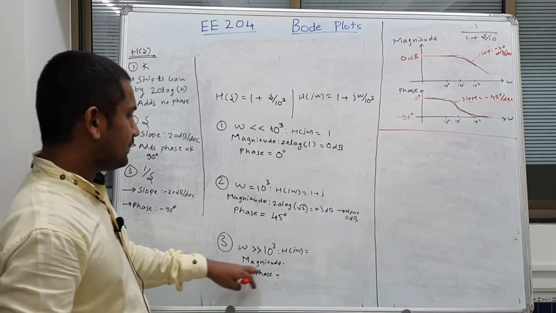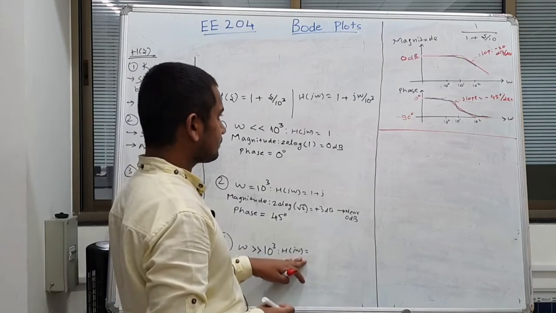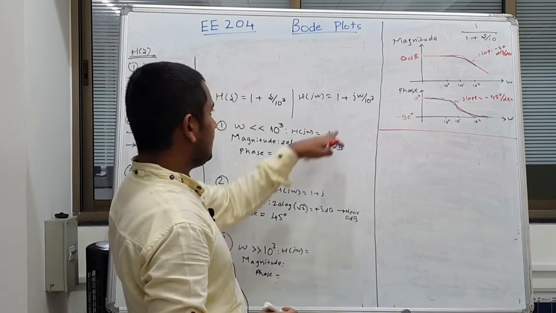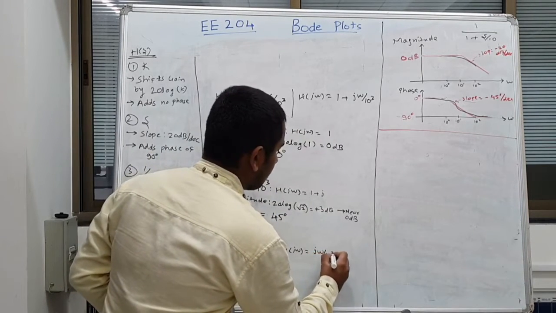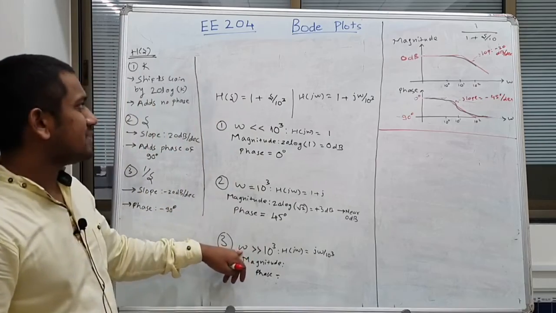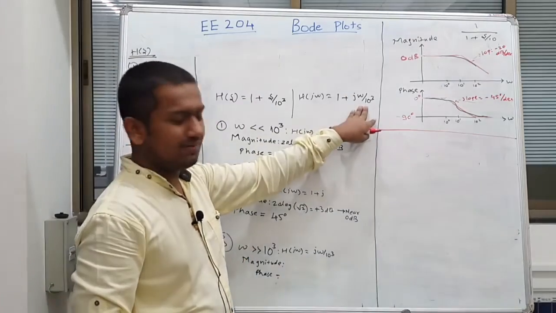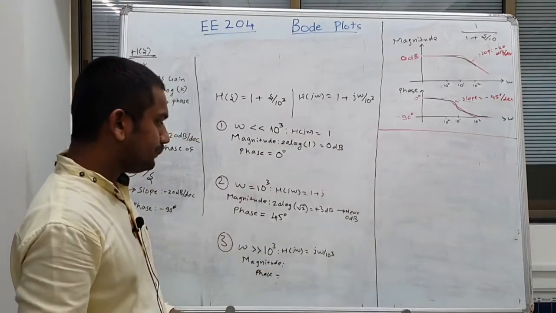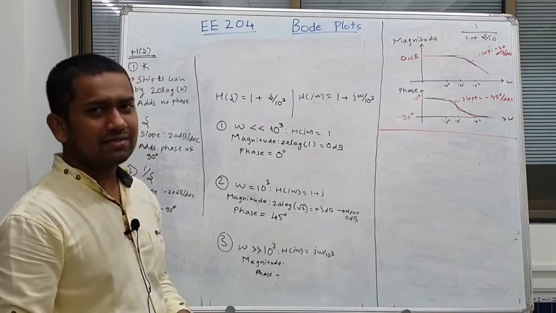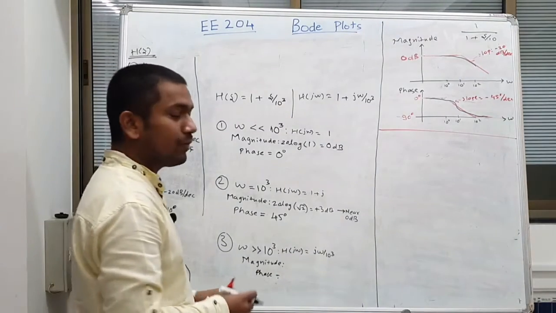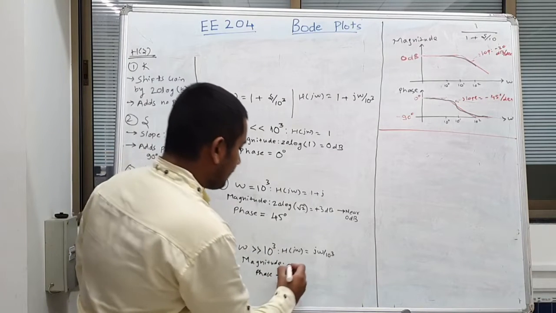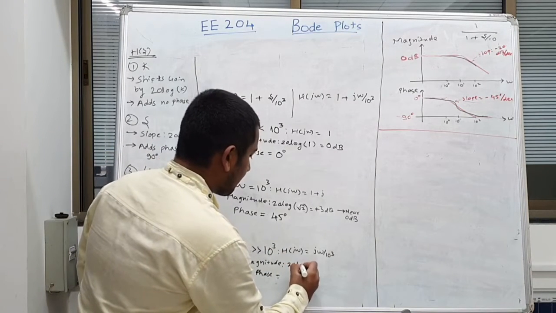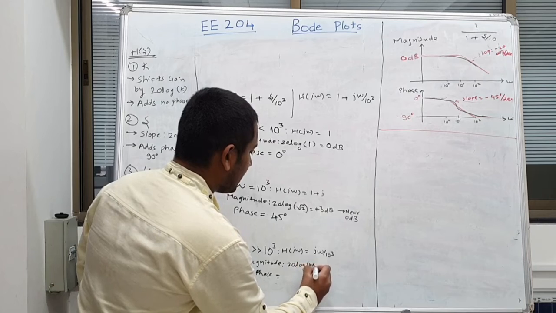In this case, h of j omega will be j omega by 10 to the power 3, because at higher frequencies now the second term is dominating. Magnitude of it will be 20 log of omega by 10 to the power 3.